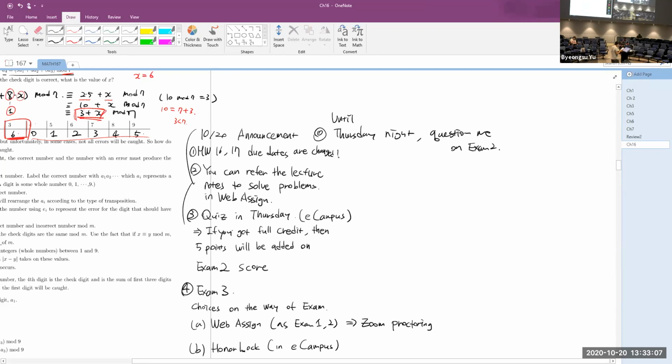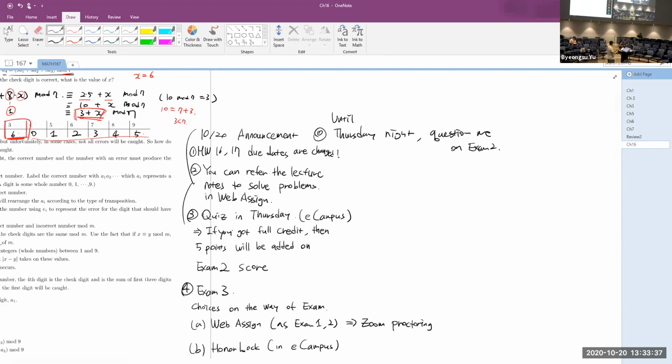Also, in homework 16, they give you a number and ask whether you can figure out that this number is valid or not without giving you any check digit scheme. But you can refer to the lecture notes to solve such a problem in WebAssign because all the examples are from the lecture notes. And in exam 3, I promise that I will give you all the schemes.